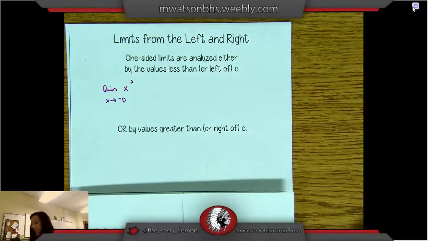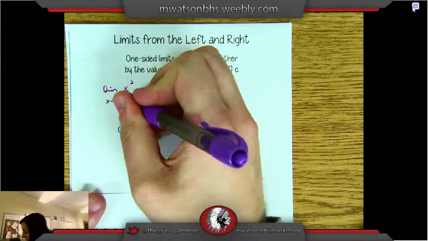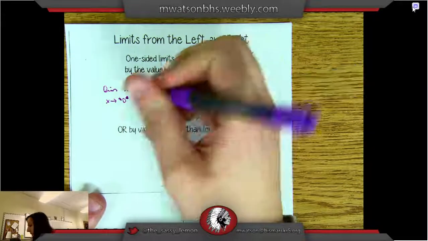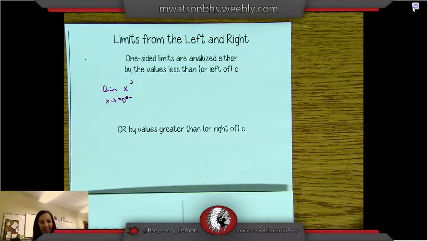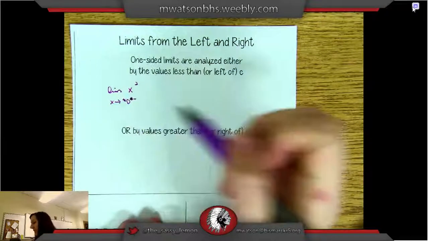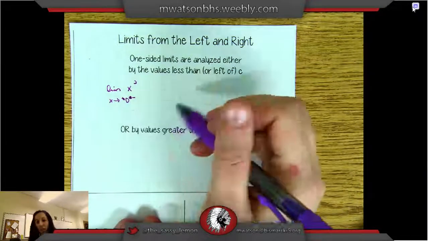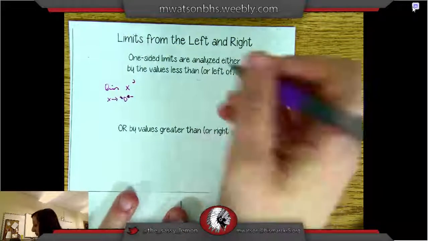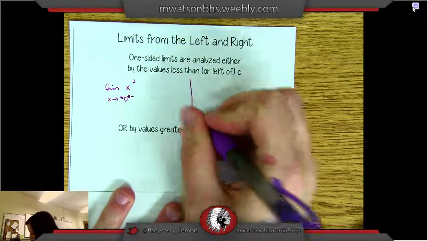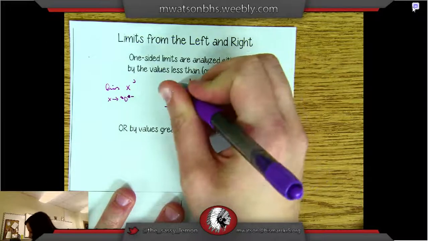side. So you can kind of see how we put that little, oh wait, it's supposed to go on the right side. We put this little negative up here. It looks like my 0 has like steam coming out of its ears. Anyways, if we want to evaluate the limit of x squared as x approaches 0 from the negative side or the left side, then we would look at this function.